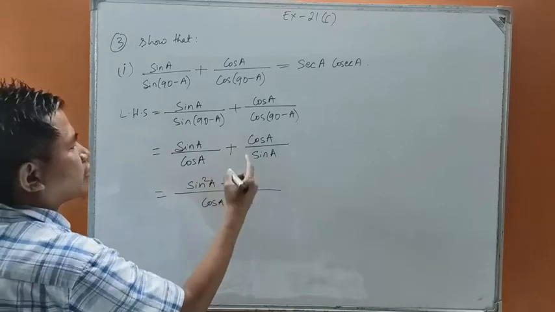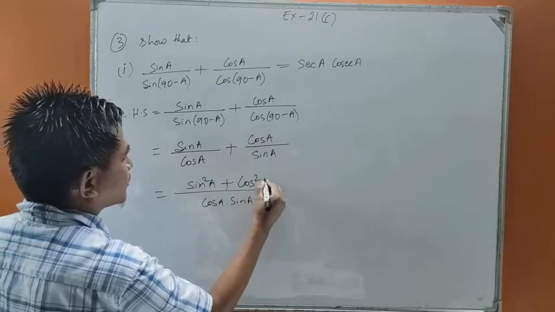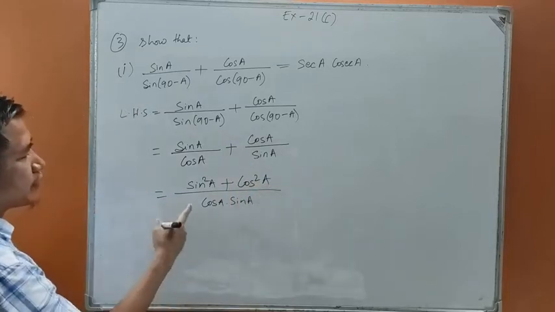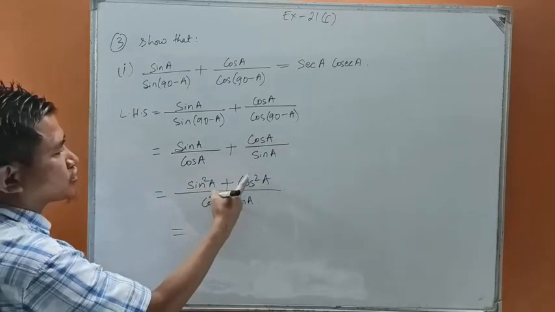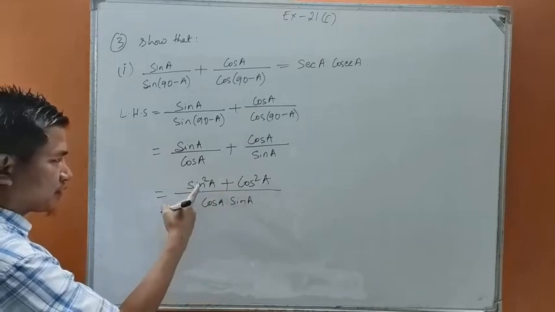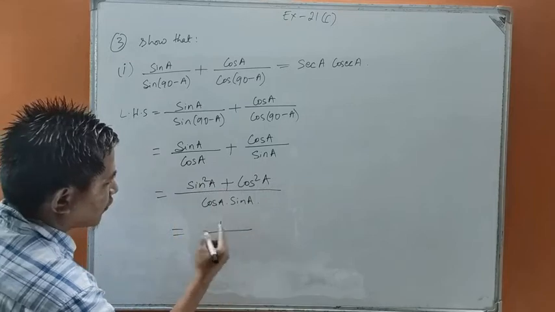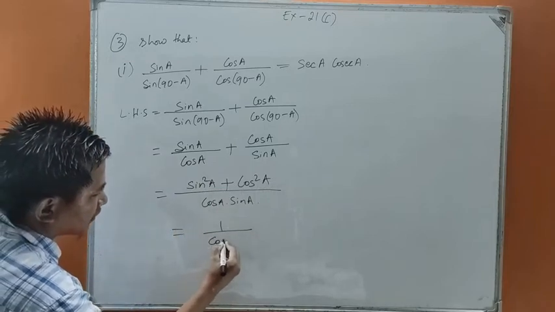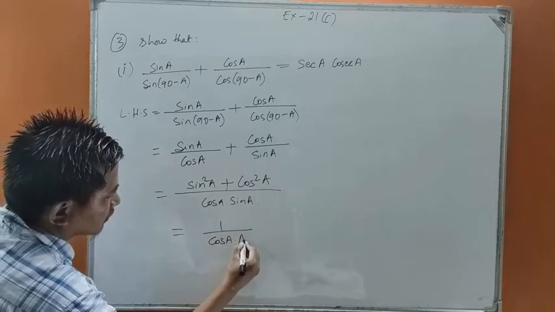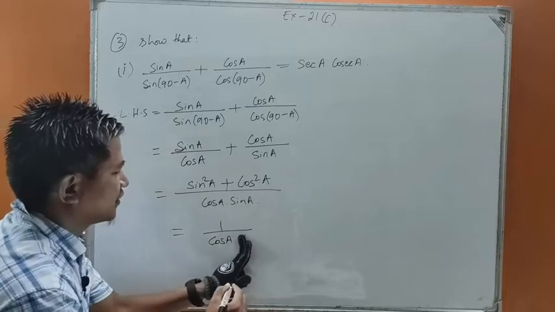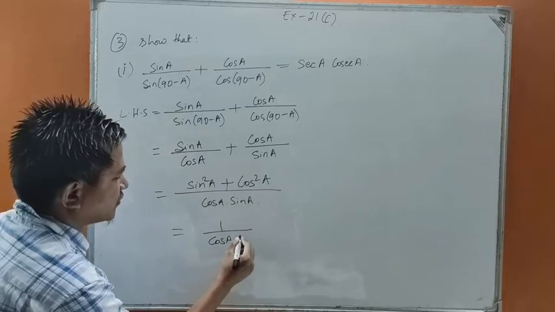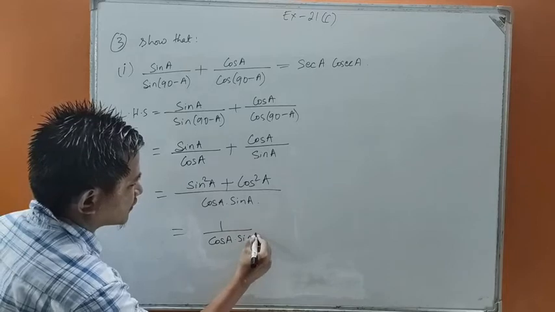So cos a into cos a is cos square a, isn't it? So in the numerator we have sin square a plus cos square a, that means sin square theta plus cos square theta is 1, upon cos a into sin a. Cos a into sin a, isn't it?